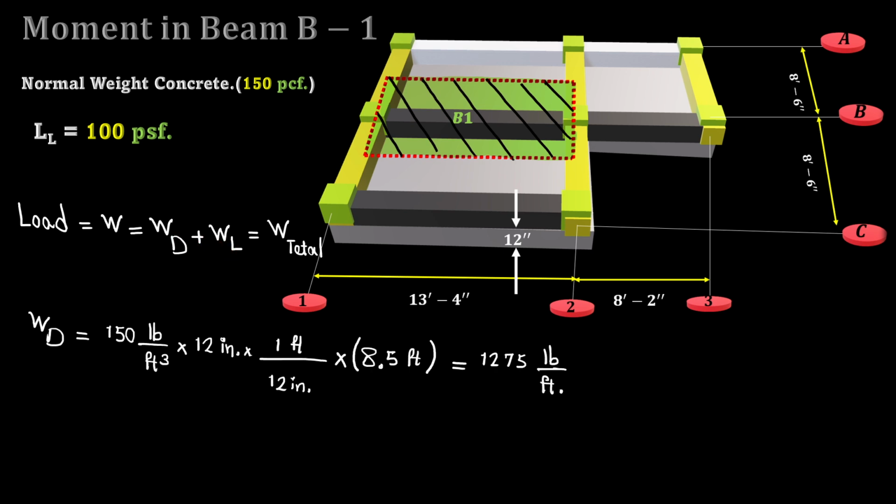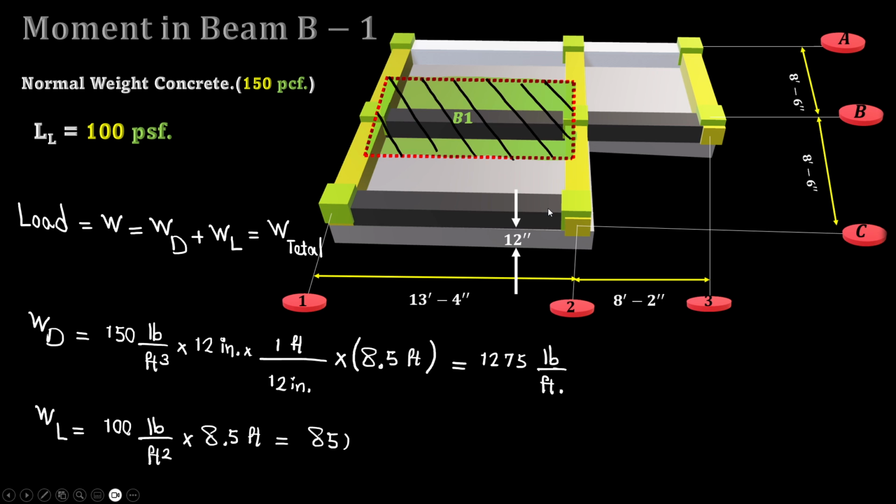Our dead load is 150 pounds per cubic foot times the thickness of the slab, 12 inches converted to feet, multiplied by the width of the attributed area, which is half of this part and half of that part, so 8.5 feet. If you do the math, it gives you 1,275 pounds per foot. That's the distributed dead load over beam B1.